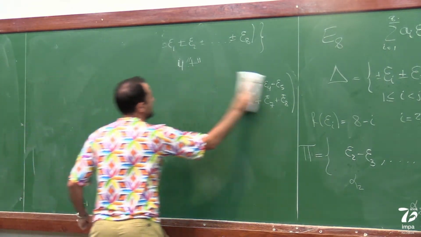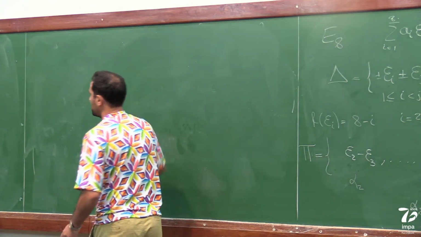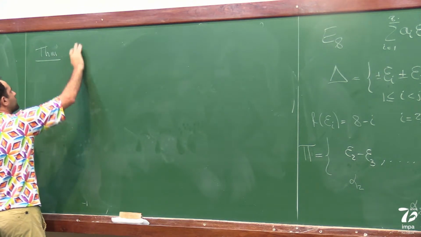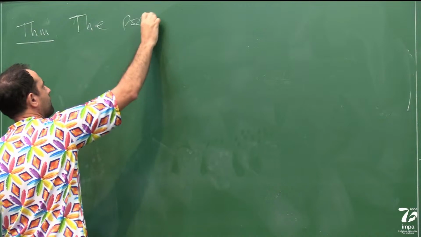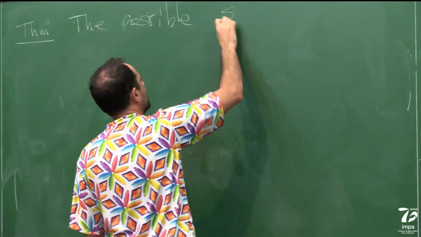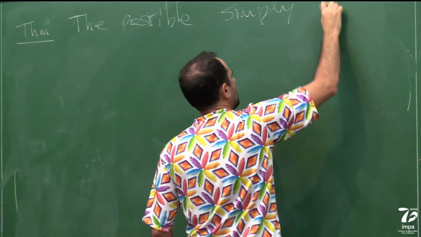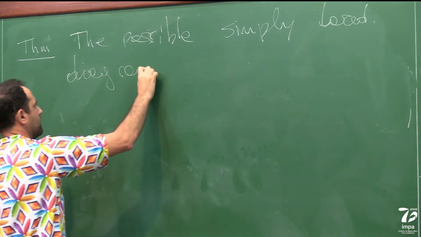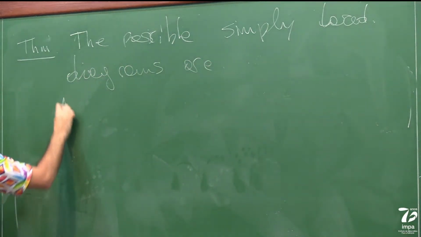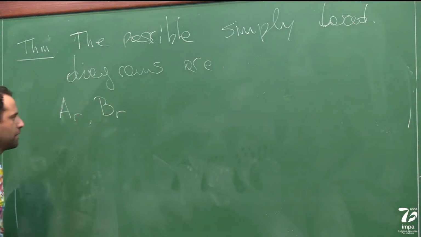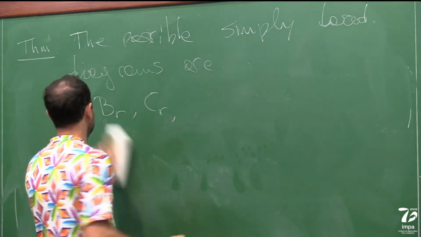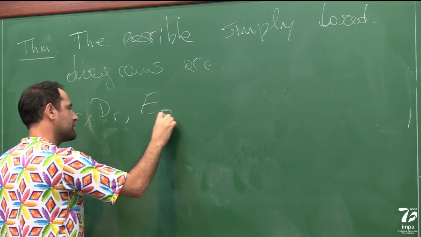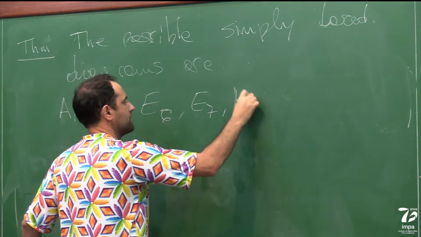Theorem: out of all simply laced Lie algebras or simply laced Dynkin diagrams, the possible simply laced diagrams are A_r, D_r, E6, E7, E8.